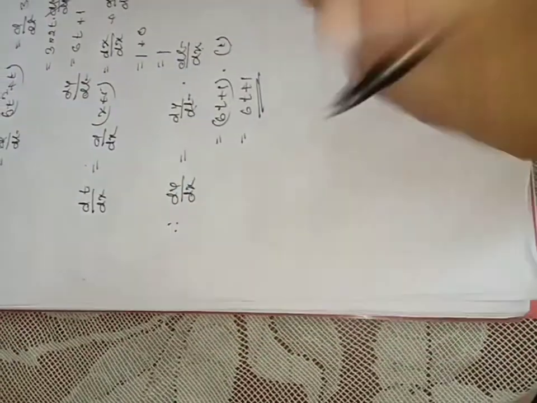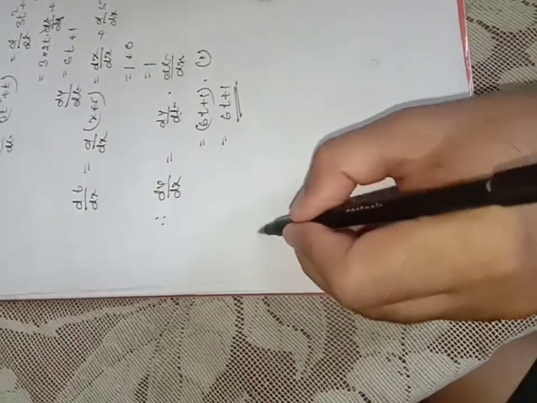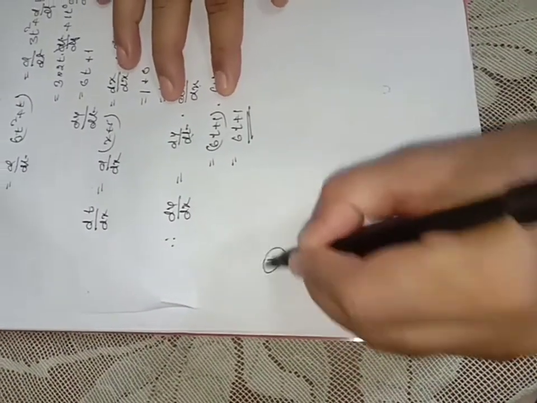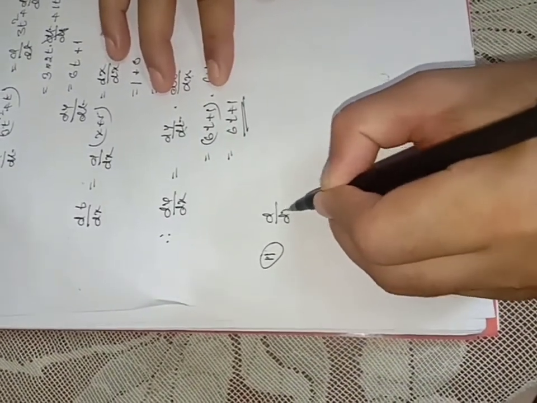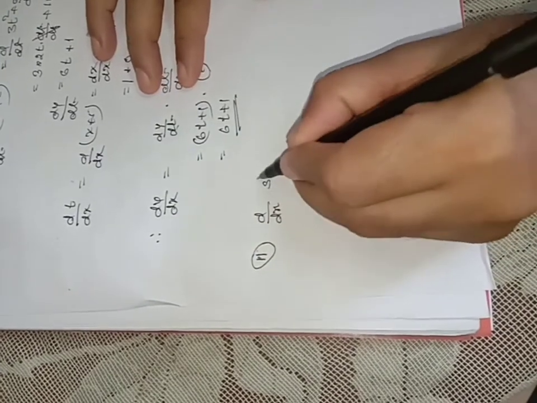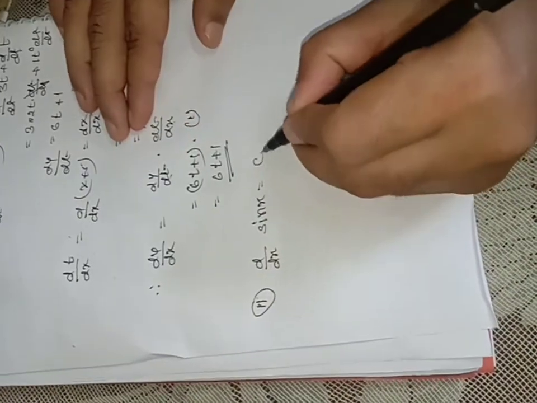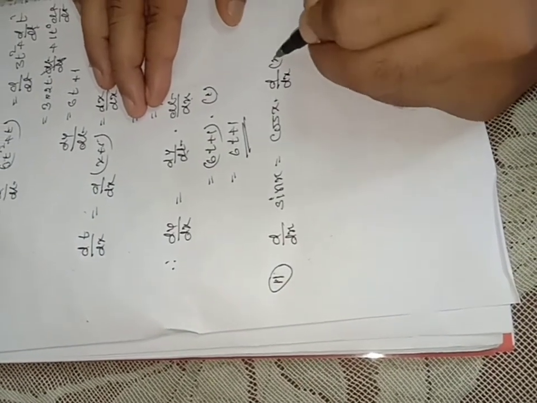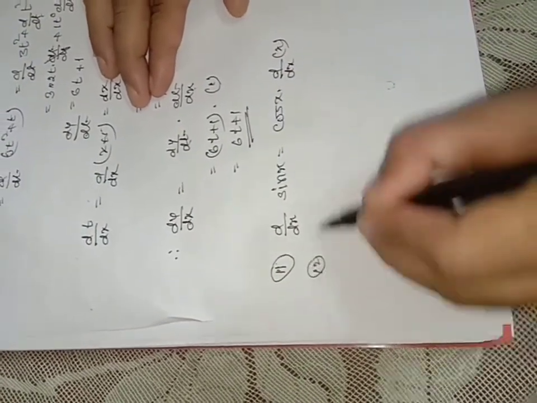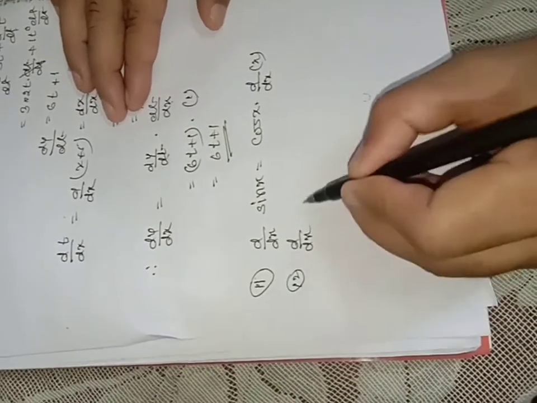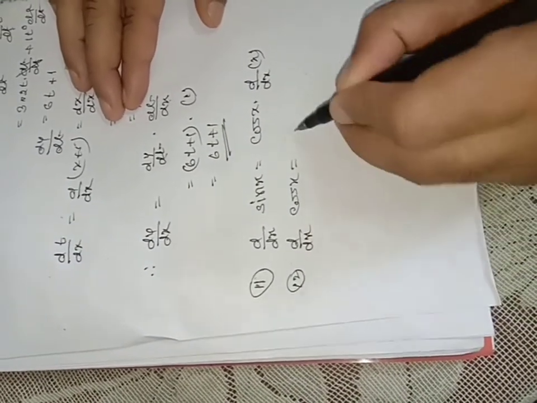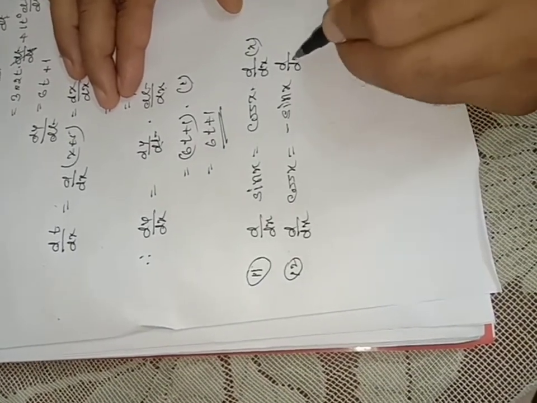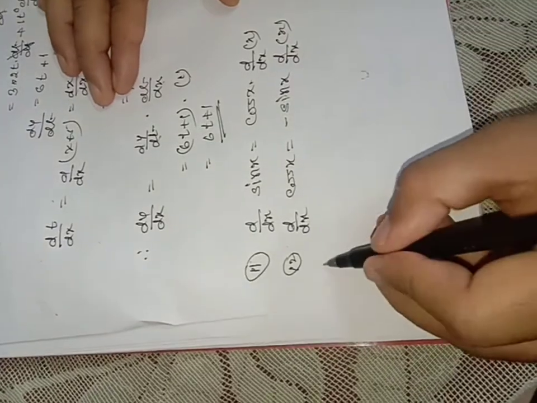Clear? So these are the basic formulas. Now the trigonometric formulas. Eleventh, d by dx of sin x, and its differentiation is cos x into d by dx of x. Twelfth, d by dx of cos x, that is minus sin x into d by dx of x.